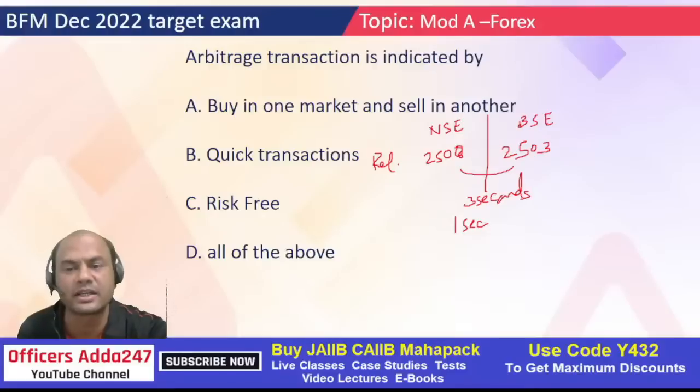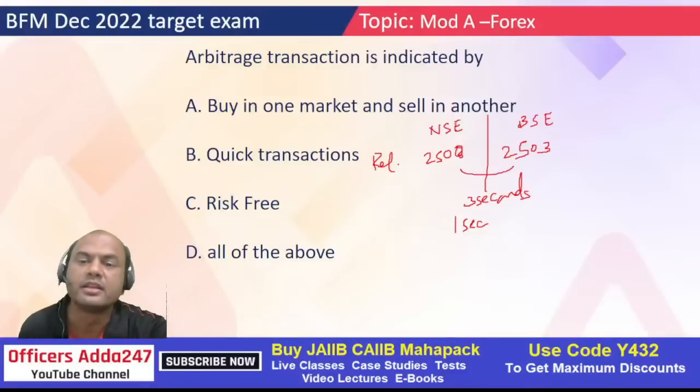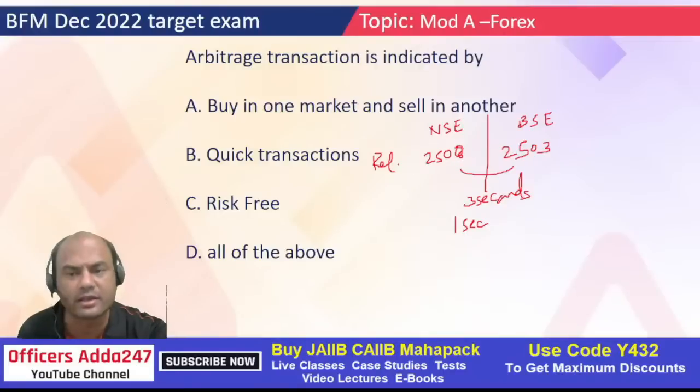You can check in the market anytime. There is always a gap between NSE and BSE rates for any share. Hardly it remains for 2 to 3 seconds, not more than 3 seconds. Like Reliance, at NSE it might be at 2500 and at BSE it might be at 2503. This 3 rupees gap is there. It's hardly for 2 or 3 seconds, not more than that.